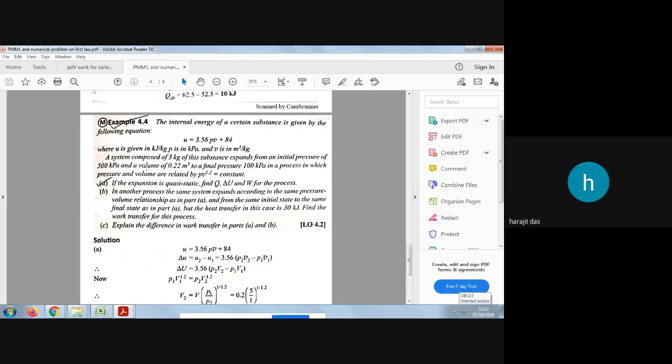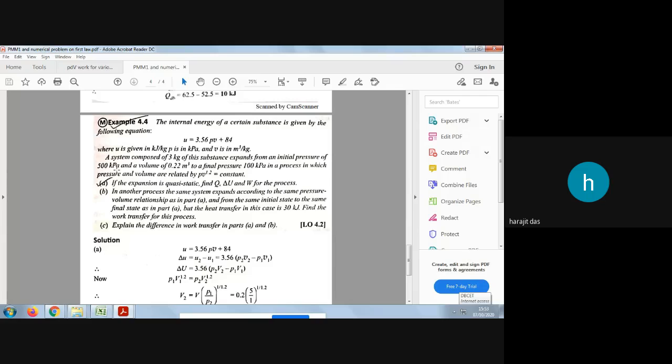Now, a system composed of 3 kg of this substance, mass given as 3 kg, expands from an initial pressure of 500 kilopascal and a volume of 0.22 meter cube. So the initial state of the system is given. P1 is given, V1 is given.